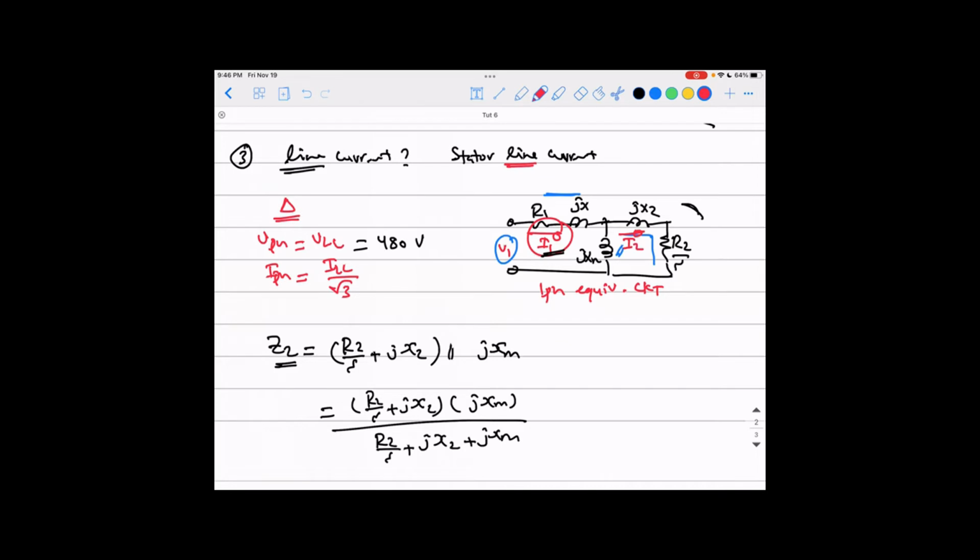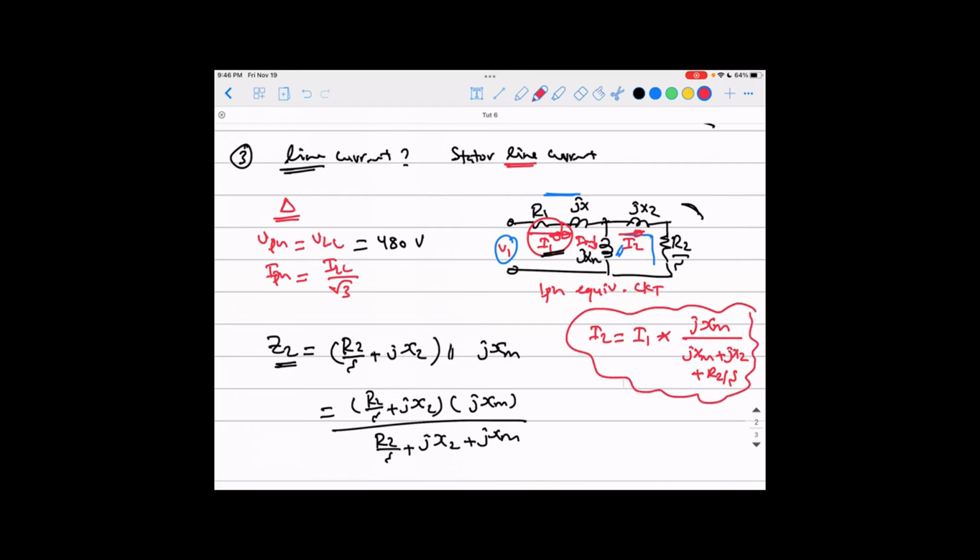That is I2. I1 is the total current going here, which is divided to form I2 and IM. So basically I2 will be I1 times, by the current divider rule, go back to your circuit courses again, JXM over JXM plus JX2 plus R2 over S. That's how to find I2.